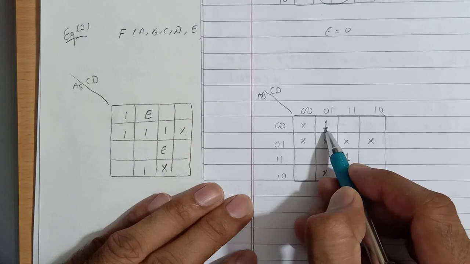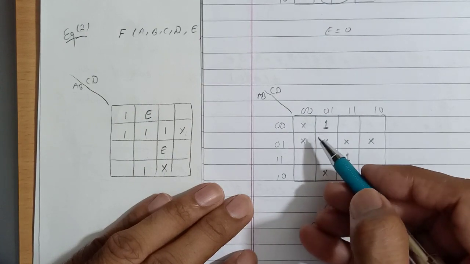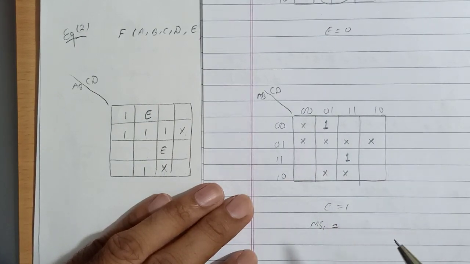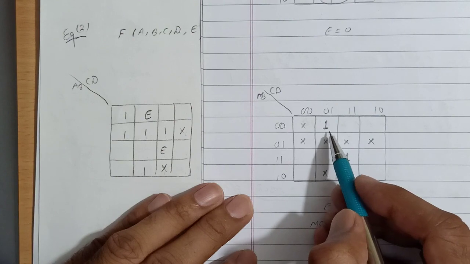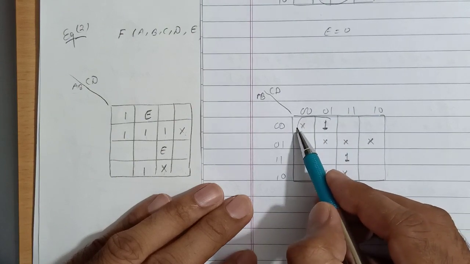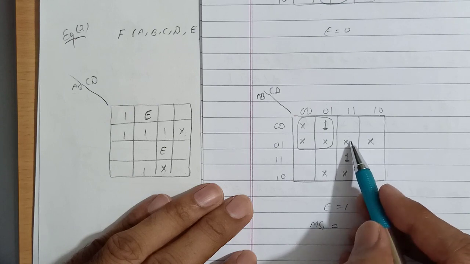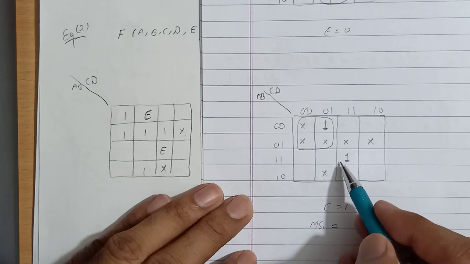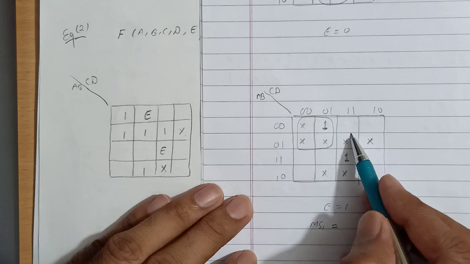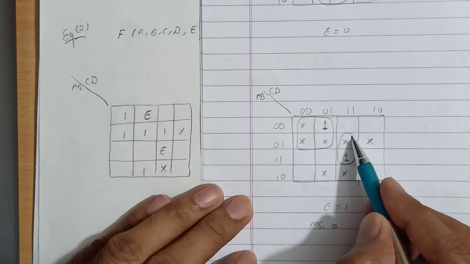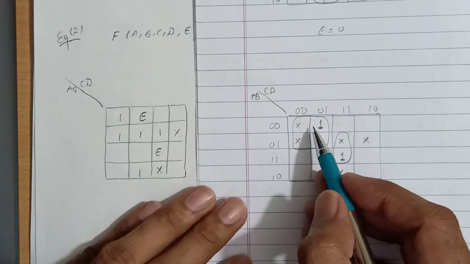This one can be covered by more than one prime implicant, but we will choose only the minimum number. So this will be covered by this, and this one can be covered by this prime implicant, or this is also a prime implicant. So we can take any one. So MS1 is basically this.